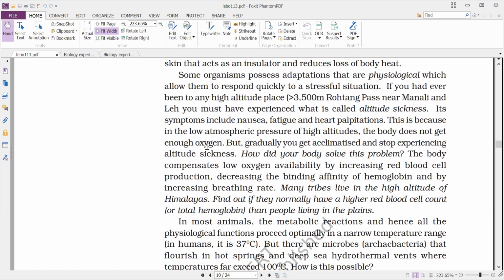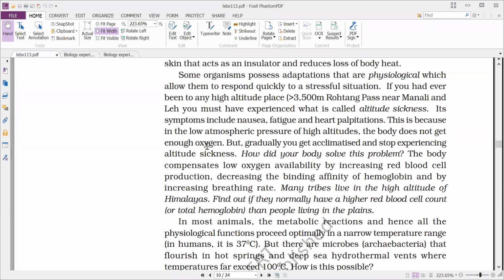What is this altitude sickness? The symptoms include nausea, fatigue, and heart palpitations. That means the person will find it difficult to breathe, and will feel fatigue and heart palpitations, meaning the heart starts beating faster.